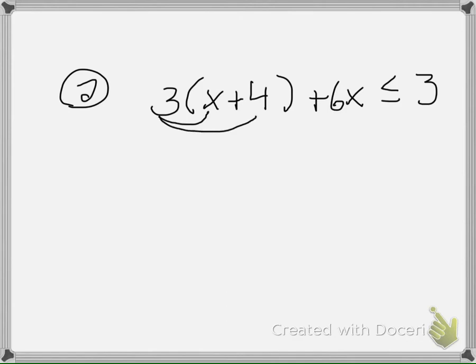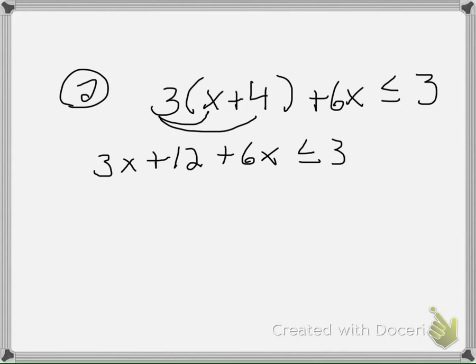Distribute. Work from the left to the right. So 3 times x, 3x. From the left to the right, 3 times 4, 12. Okay, I took care of all of this. Left to the right, copy this down, plus 6x. Copy this down and copy this down.